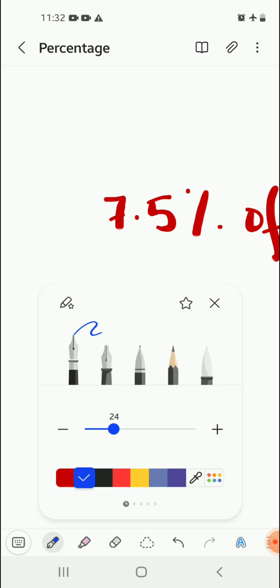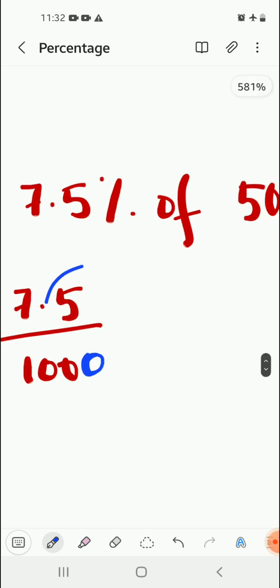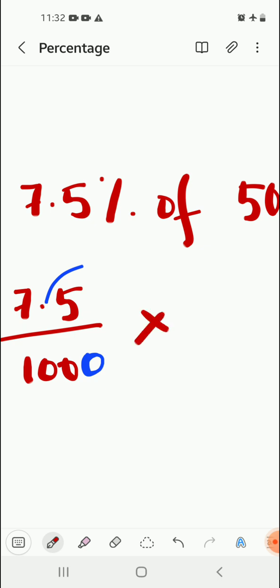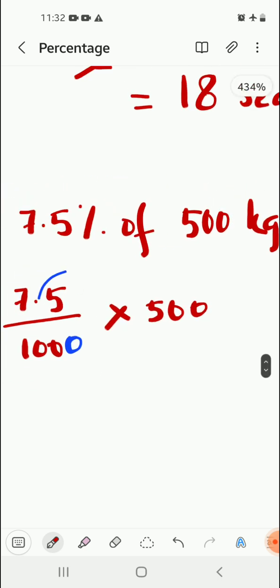In order to remove this decimal point, we have to add a 0 in the denominator. That's the way it is. Okay. So once that is done, of means multiply. So multiplication sign. And 500. Now we will cancel things out and find out the answer.